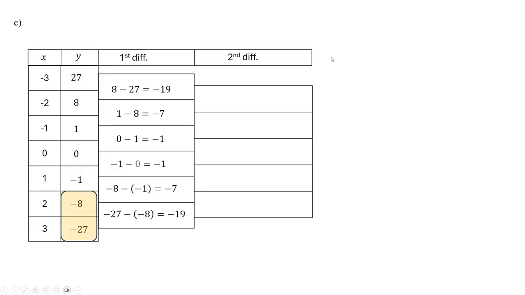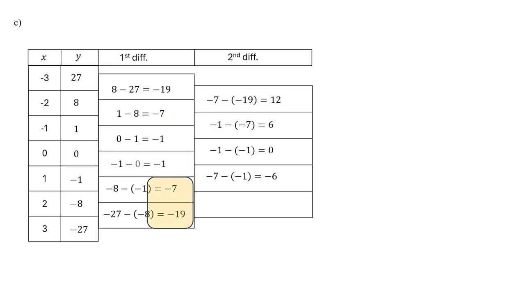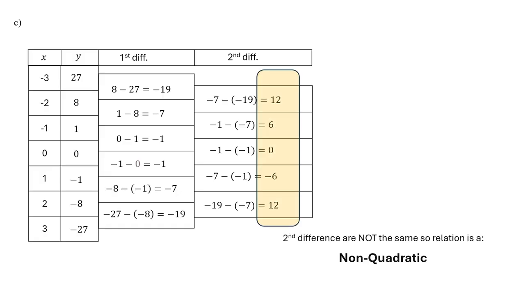Let's check to see if it's quadratic. -7 minus -19. 12. We'll do the next one. 6. And so on. And we can see that our second differences are not the same. So the relation is non-quadratic.